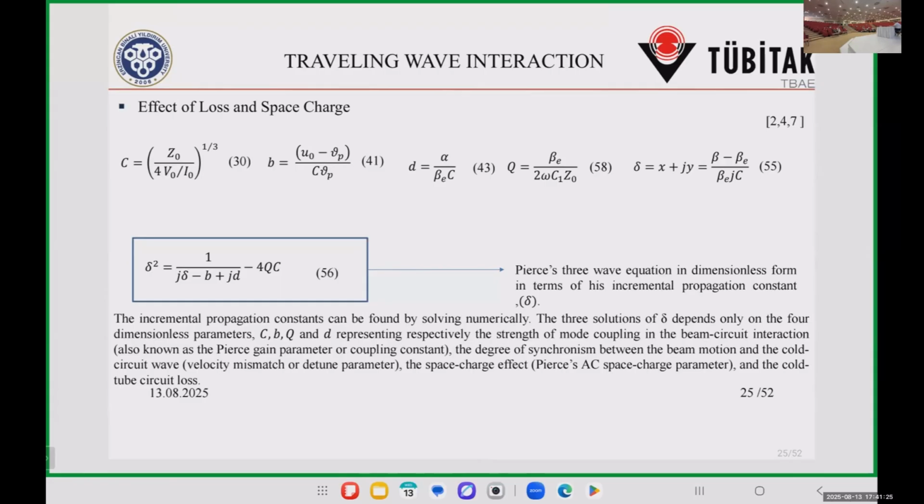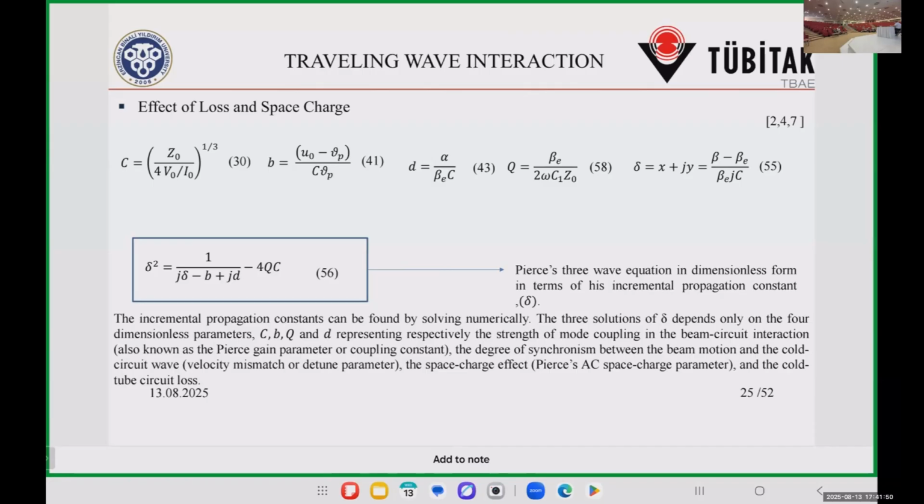We have three solutions of delta, depending only on the four dimensionless parameters C, B, Q, and D, representing respectively the strength of mode coupling in the beam-circuit interaction, also known as the Pierce gain parameter or coupling constant.